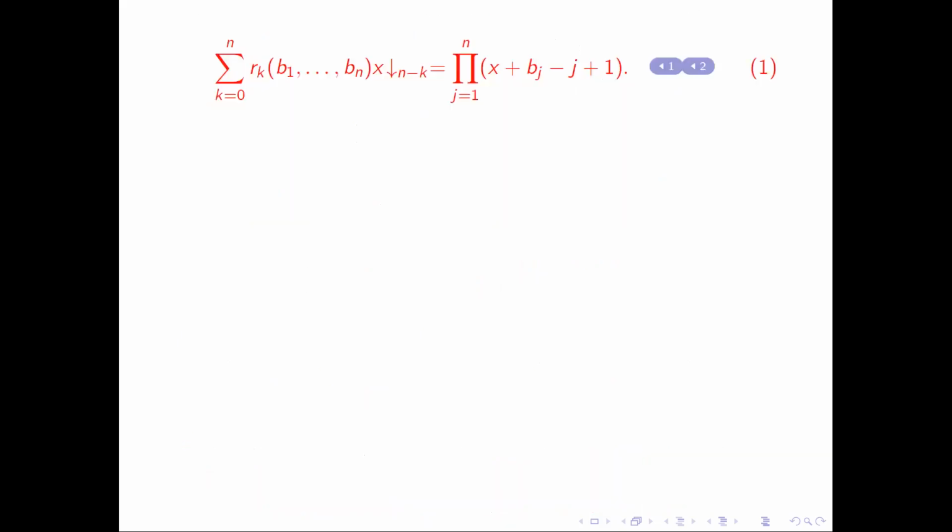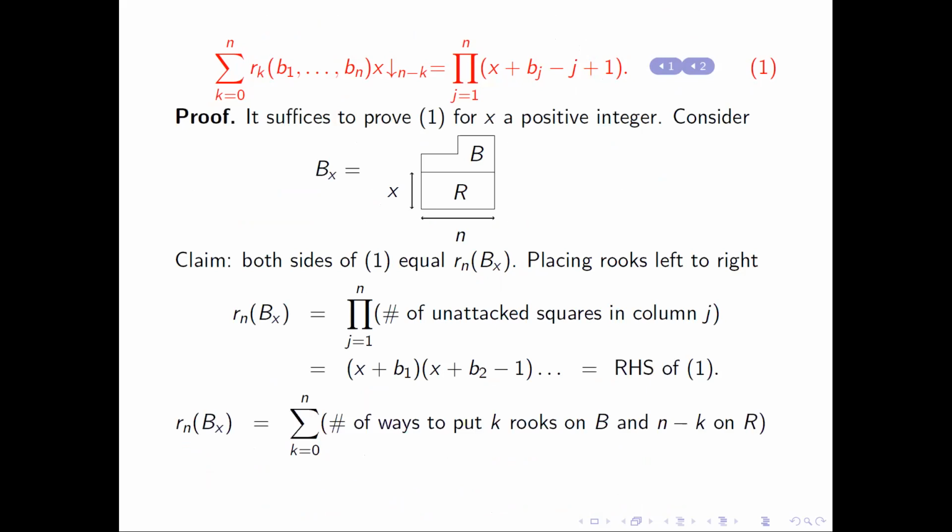And the proof was basically a counting argument, if you will recall, where we constructed a board of a very specific type. We also said that it suffices to prove this polynomial identity for x a positive integer, because after all, these are polynomials on both the left and right-hand side.